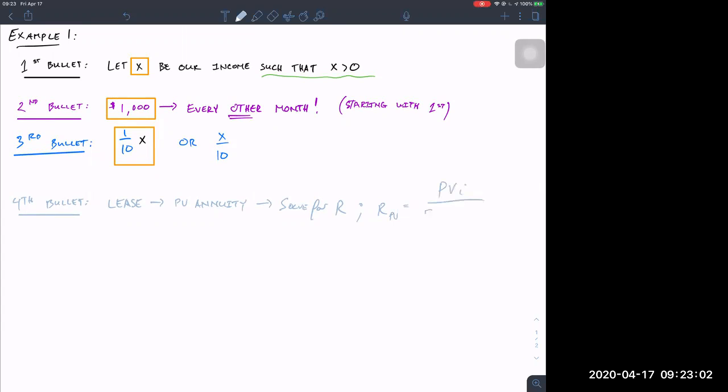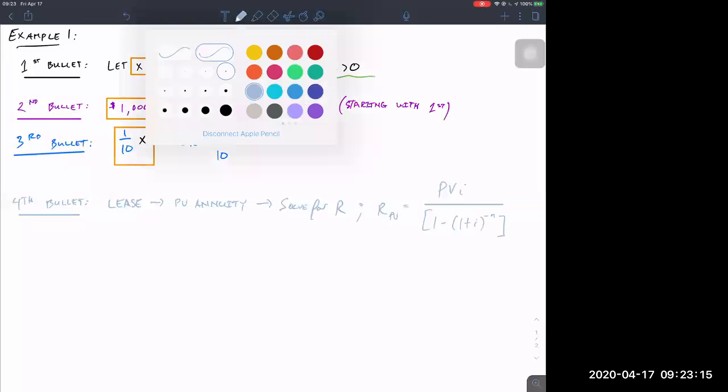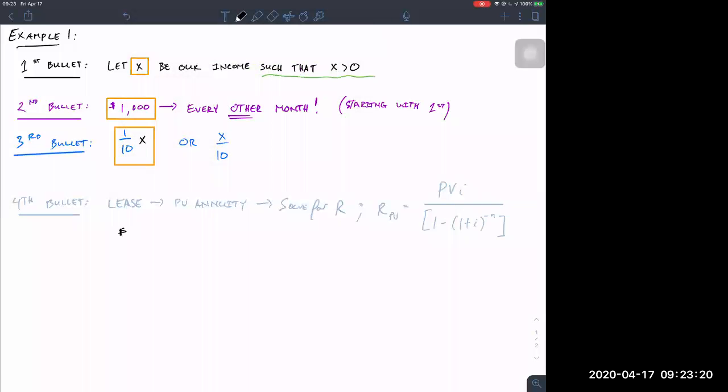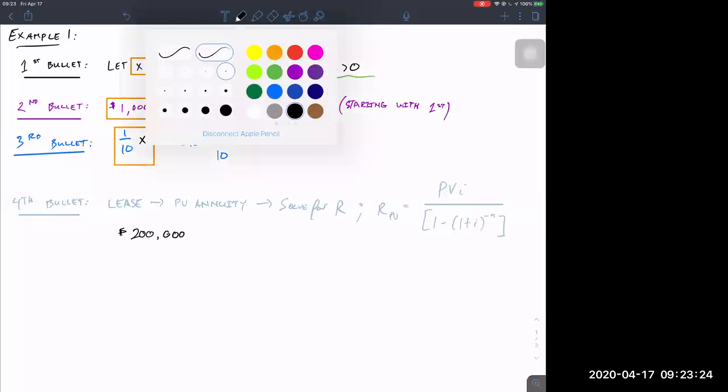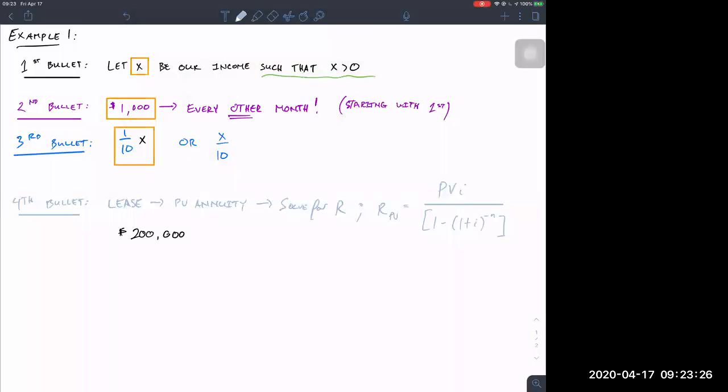PV = R times (1 minus (1 plus i) to the negative n) over i. Okay. And the unique thing about this problem was that we told you that, hey, your lease is worth, or the leased building is worth $200,000, but you only need 70%.